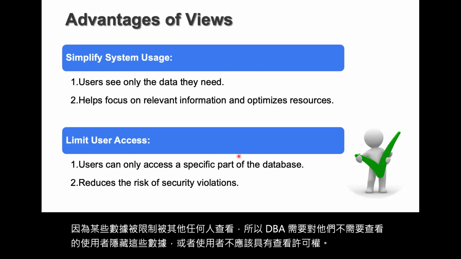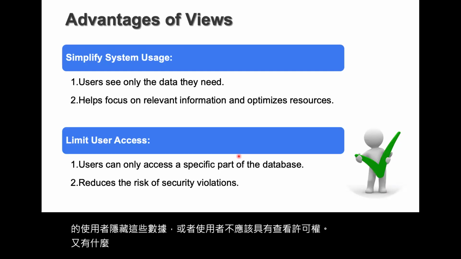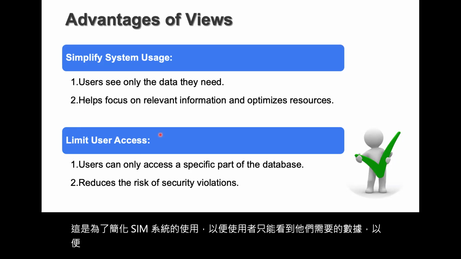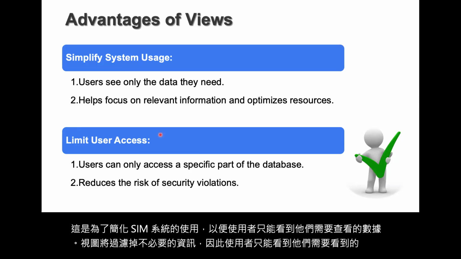And what are the benefits of views in the database? It's to simplify system usage. Users only see the data they need to see. The views filter out unnecessary information so users only see what's relevant to them.